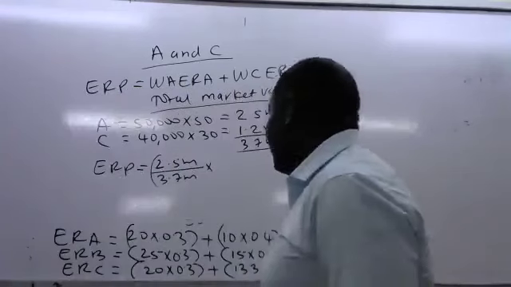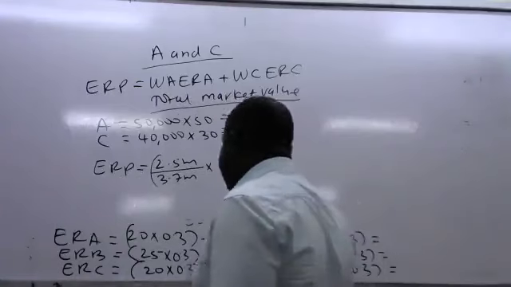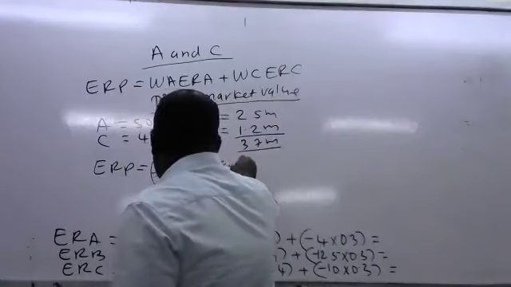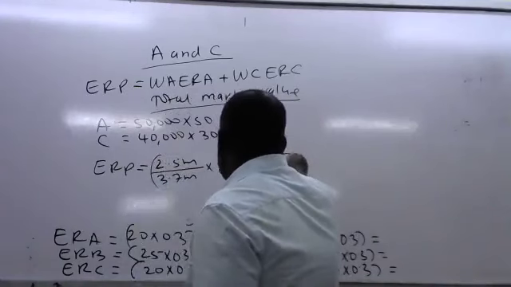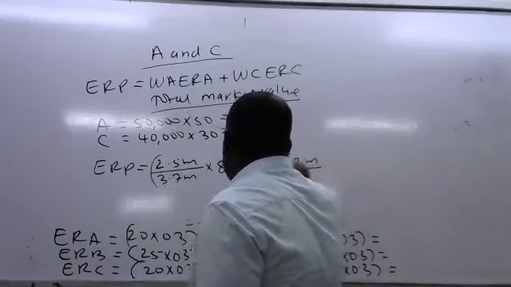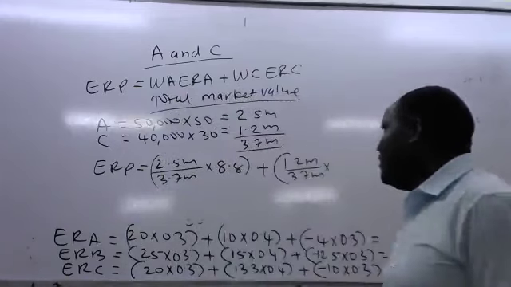So expected return for A will be given roughly 8.8. Then we add this one, which alone is 1.2 million, also divided by 3.7. So what do we get for that one?